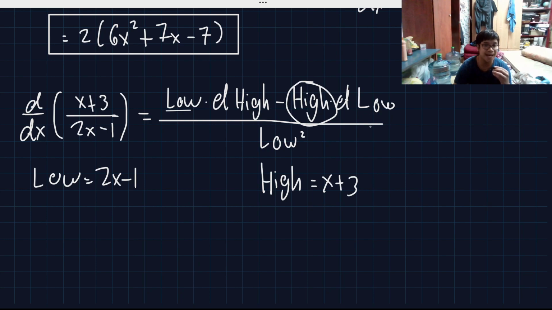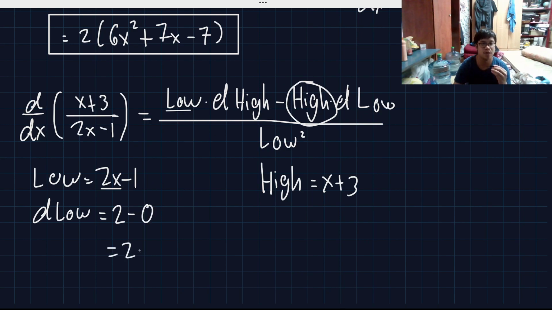Now we have d high and d low. When we say d high, it's the derivative of high. D low is the derivative of low. All right. So let's get the derivative of low, or d low. Here we will get the derivative of 2x. Remember, by the constant with variable rule of differentiation, the answer here is 2, minus the derivative of 1, which is a constant term, is 0.